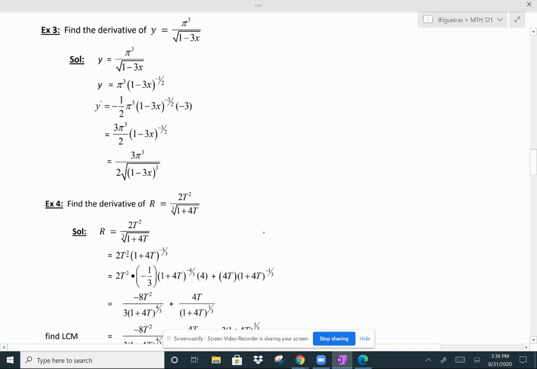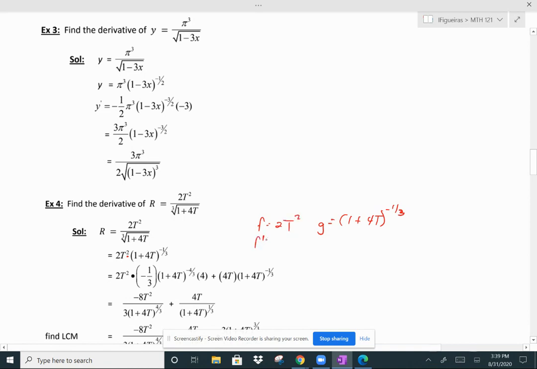So if I let f equal 2t squared and g equal (1 plus 4t) to the negative 1/3, sorry, this is a capital T, not a lowercase t.